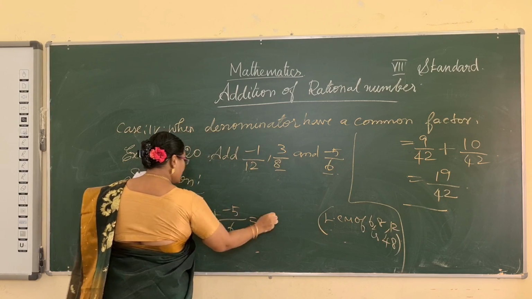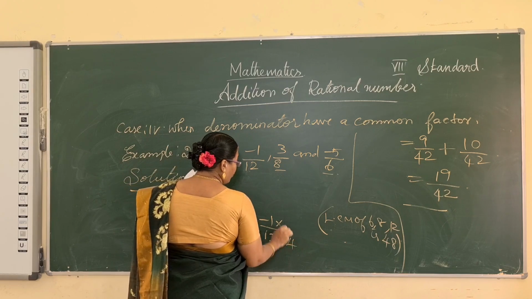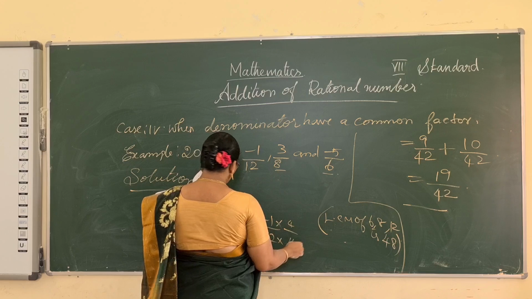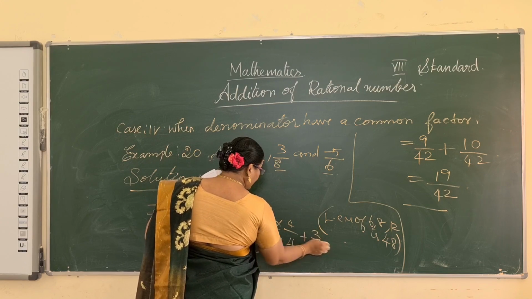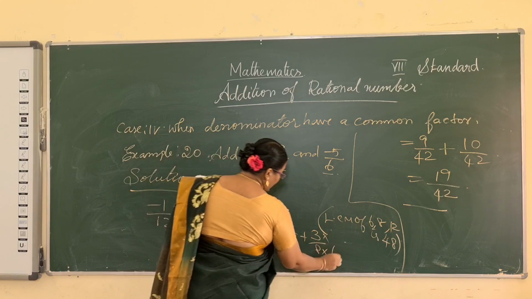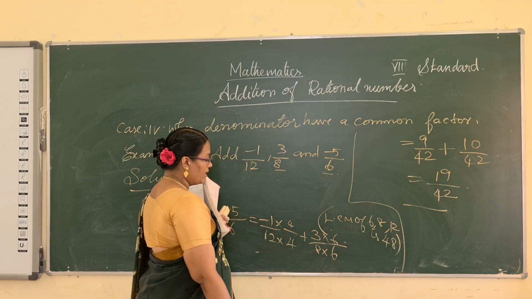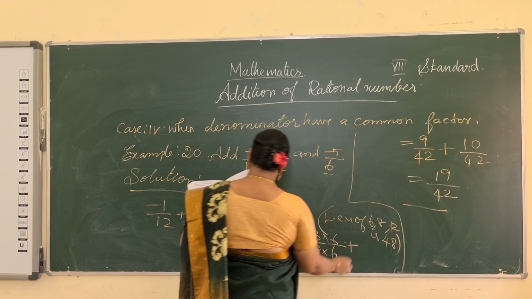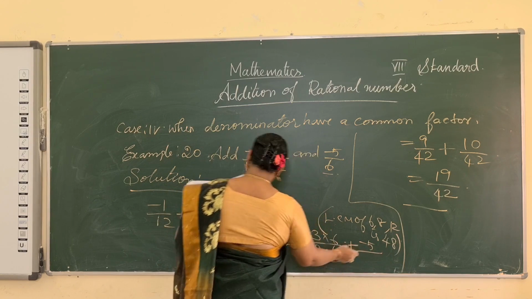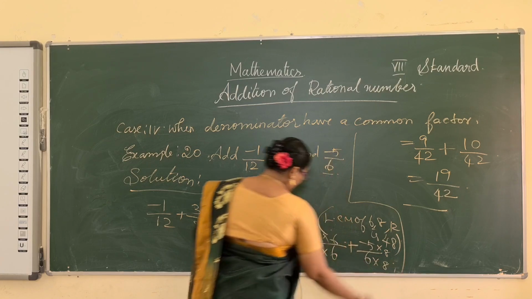So write minus 1 by 12: whichever number multiplies the denominator, 4, also multiplies the numerator. And then 3 by 8: 8 multiplied by 6 gives 48, so that number multiplies the numerator also. And then plus minus 5 by 6: numerator and denominator multiplied by 8.